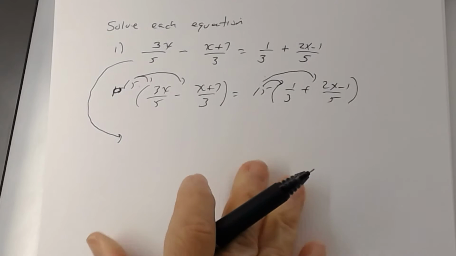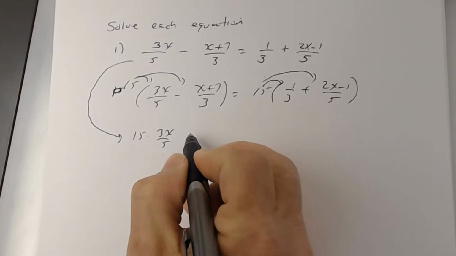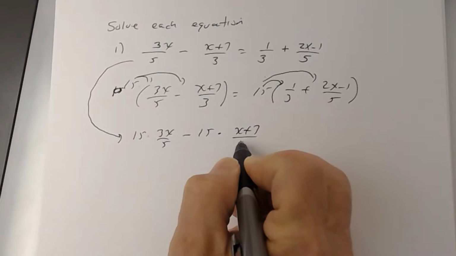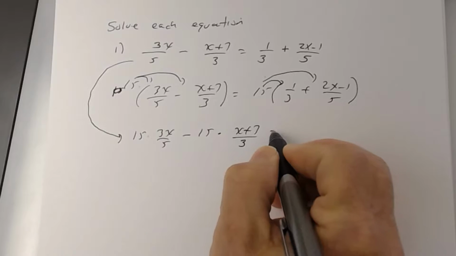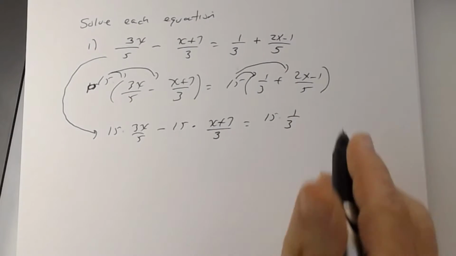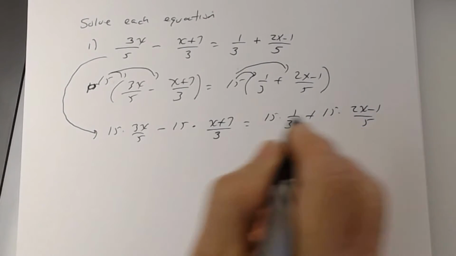So you'd say 15 times 3x divided by 5 minus 15 times x plus 7 divided by 3 equal 15 times 1/3, and then plus 15 times 2x minus 1 divided by 5.